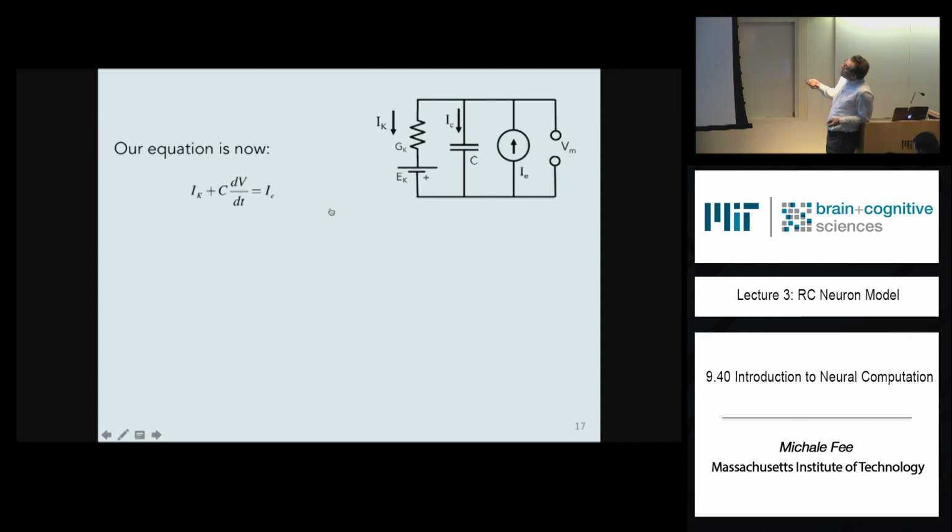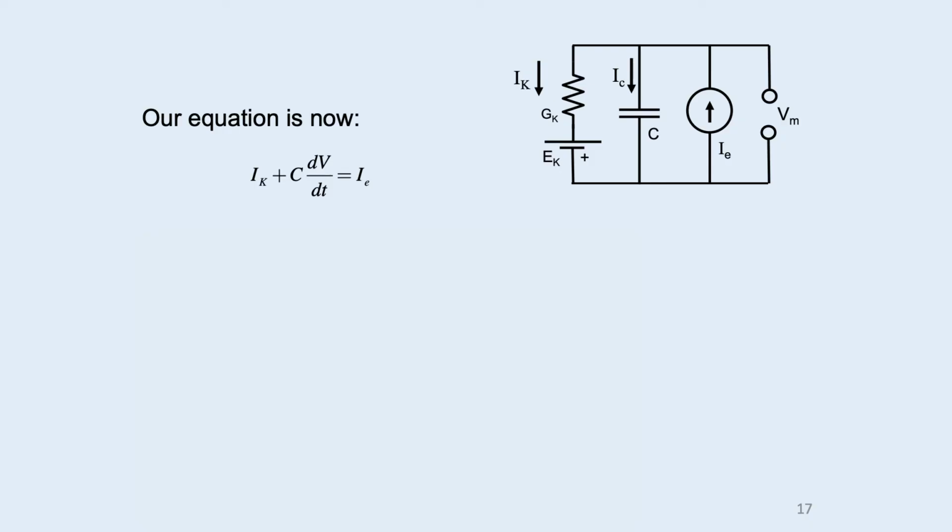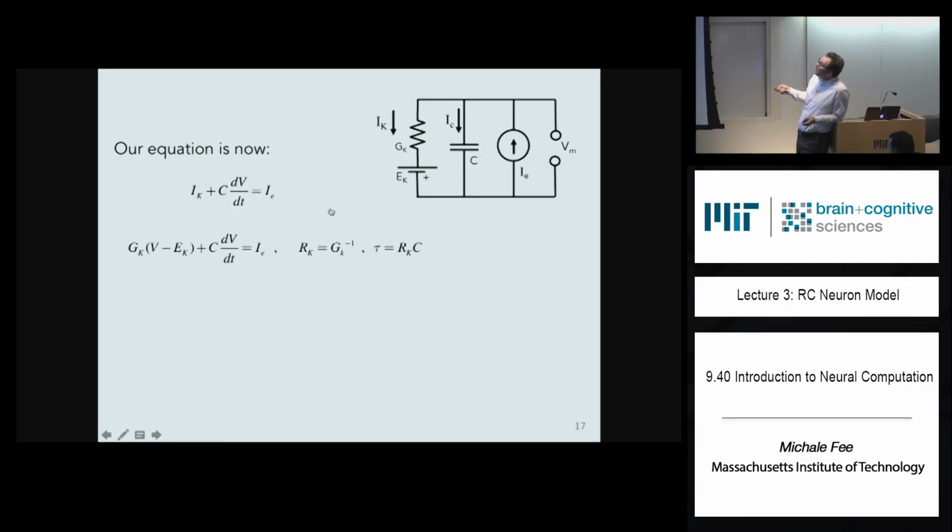Okay, so let's just flesh out this equation here. What is I sub K? I sub K is just GK times (V minus EK), very good. Remember that the resistance, RK, is just 1 over GK, and tau again is RK times C. So let's massage this a little bit more.